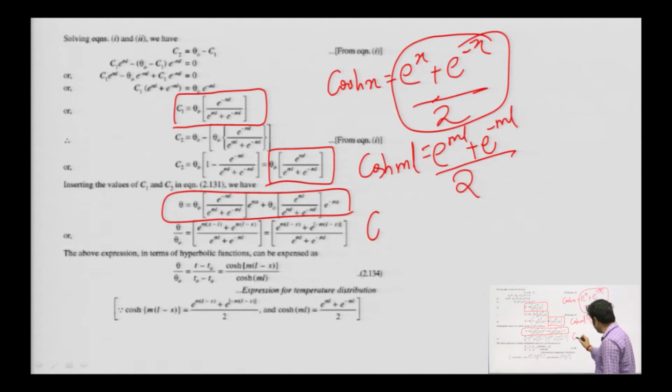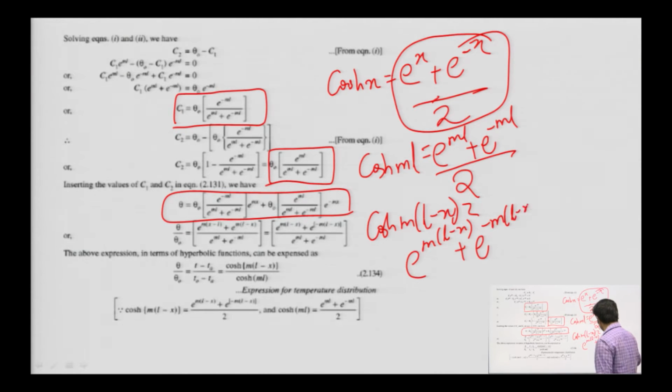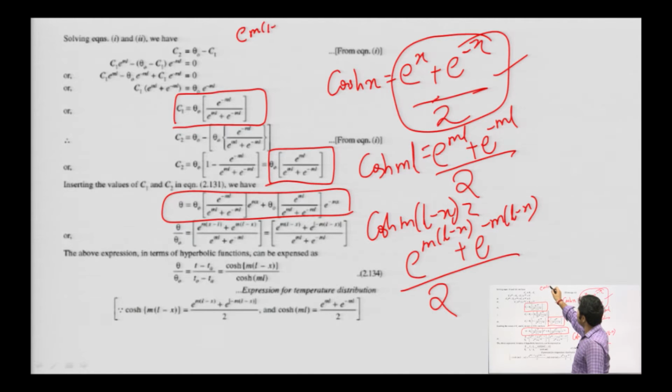If you write cosh m(L minus x), it will be e to the power m(L minus x) plus e to the power minus m(L minus x), by 2. I am just following this format to prepare this, and now it will be like cosh m(L minus x) by cosh mL. So e to the power m(L minus x) plus e to the power minus m(L minus x) by 2, and then e to the power ml plus e to the power minus ml by 2.